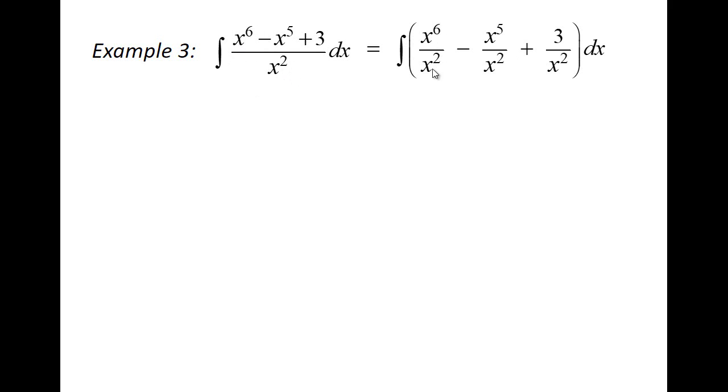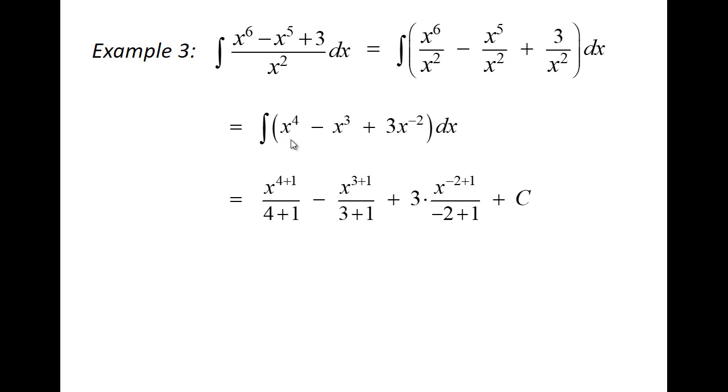Now x to the 6 over x squared, that's going to be x to the 6 minus 2, which would be x to the 4. Here I'm going to get x to the 3, and here I'm going to get 3 times x to the negative 2. Okay, now I just apply the power rule. The integral of x to the 4 would be x to the 4 plus 1 over 4 plus 1. The integral of x cubed is x to the 3 plus 1 over 3 plus 1. And the integral of x to the negative 2 would be x to the negative 2 plus 1 over negative 2 plus 1.